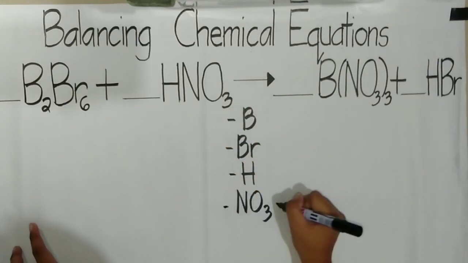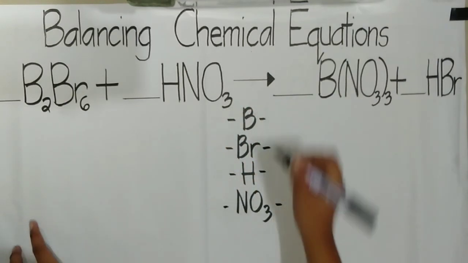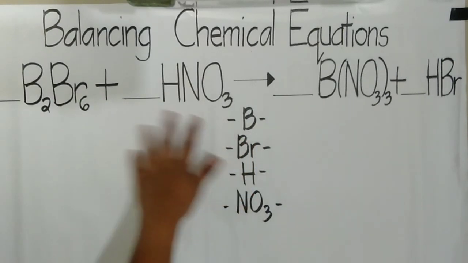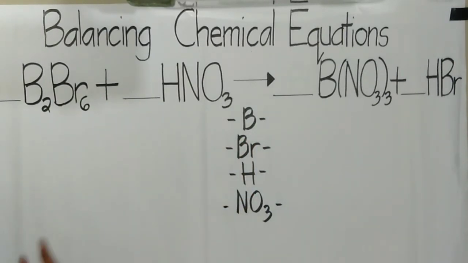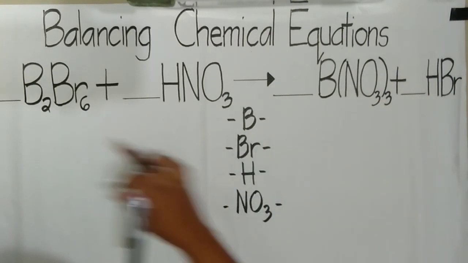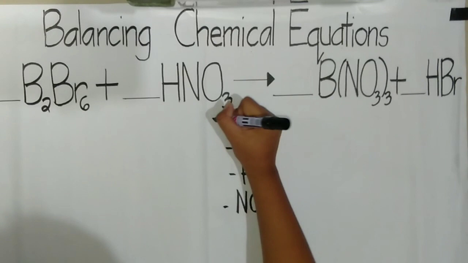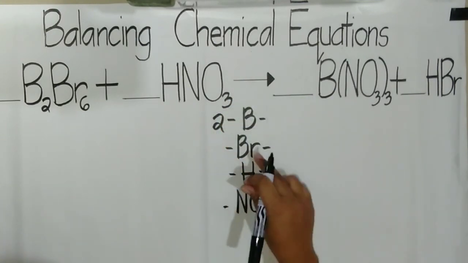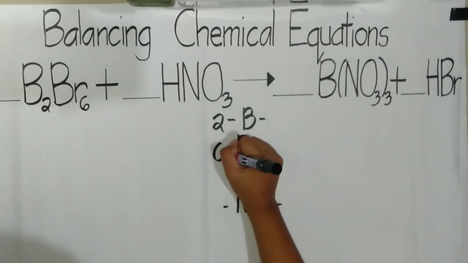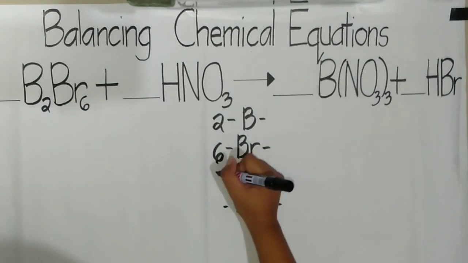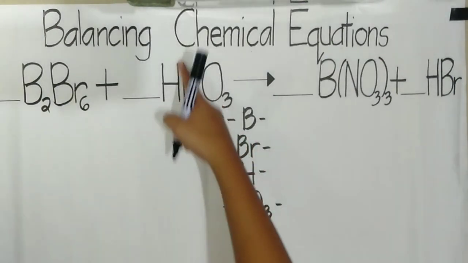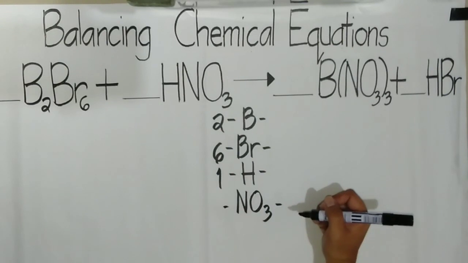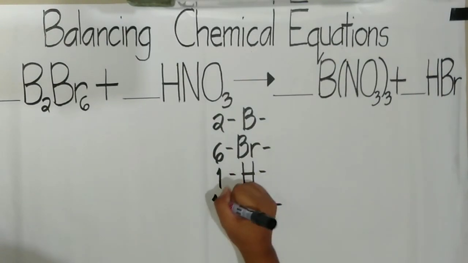For the boron, we are going to start with the reactant side and look for the subscripts. So we have 2 for boron, and for bromine we have 6, for hydrogen we have 1, and since we have NO3 as nitrate, we also have 1.